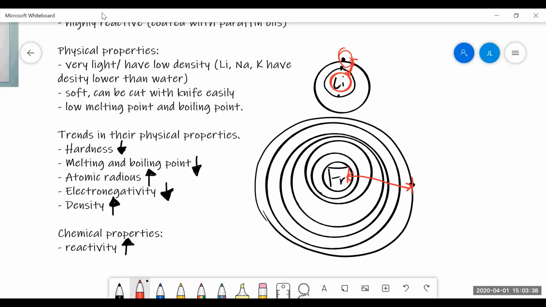Can you follow? The shorter the distance, the greater the force of attraction. Which means when you compare lithium and francium, which one loses the electron more easily? Francium, right? Because it is furthest apart from the nucleus, so it loses the electron easily.